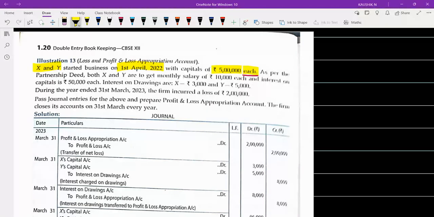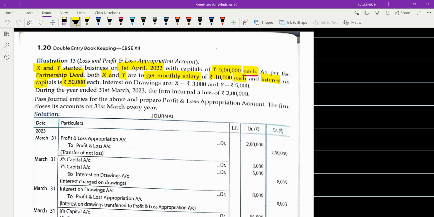As per the partnership deed, that means the partnership deed is available, both X and Y are to get a monthly salary, which is a remuneration, of rupees 10,000 each, and interest on capital is rupees 50,000.